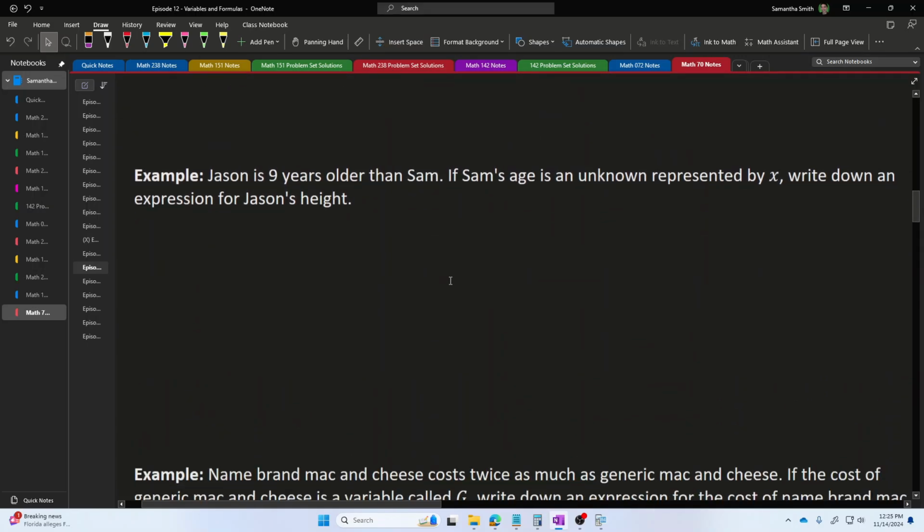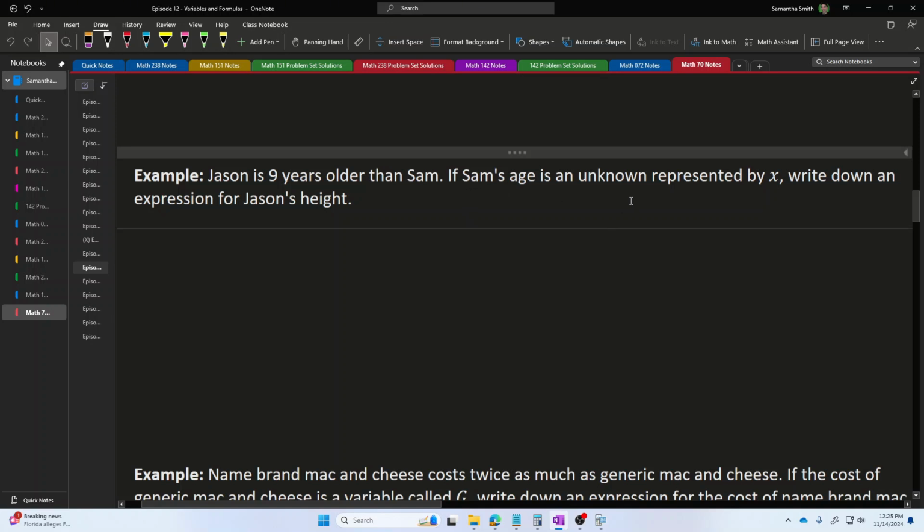So let's do some examples of writing down expressions that reflect calculations that we would do later once we know all of the unknowns in the situation. So, for example, I know that Jason is 9 years older than I am, but I'm not going to tell you how old I am.